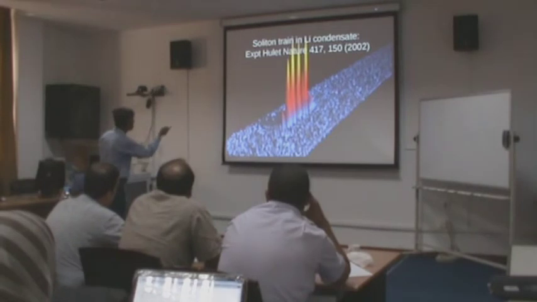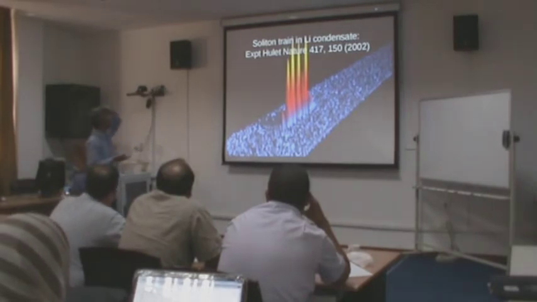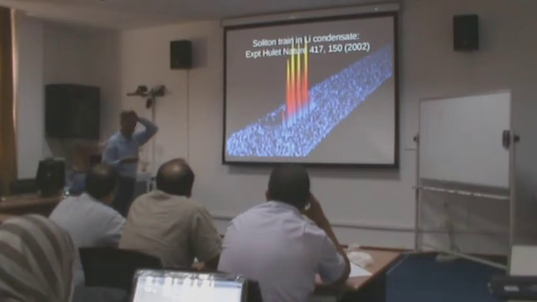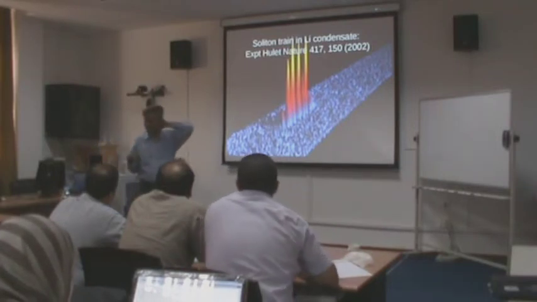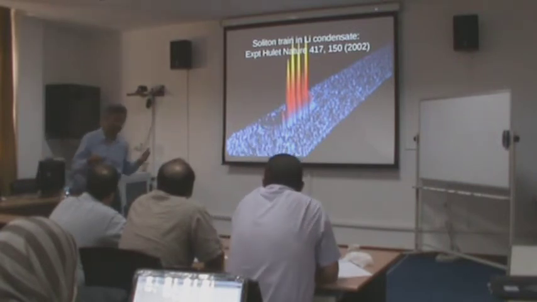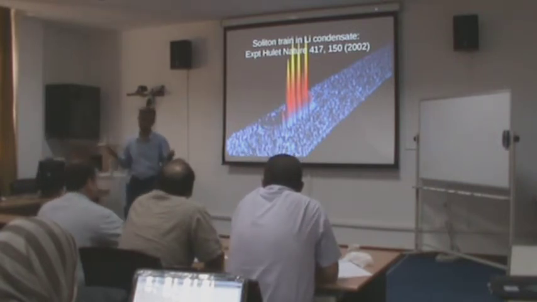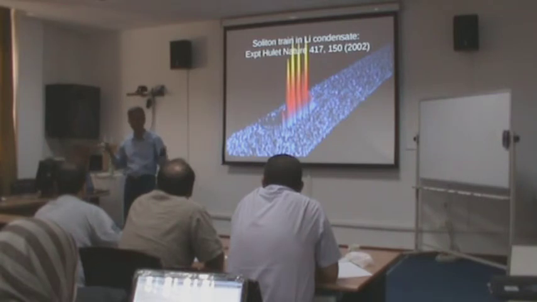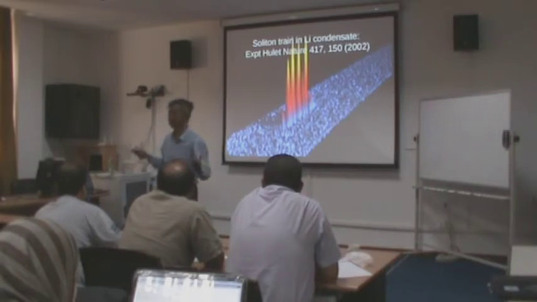So this is what was done in the first experiment of Hulet, published in 2002, in the case of a lithium condensate, lithium-7. The lithium-7 interaction is only a contact interaction, but attractive. So he was able to simulate a soliton by that contact interaction, and this is a picture of that.